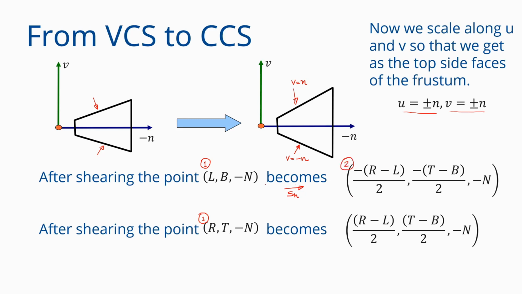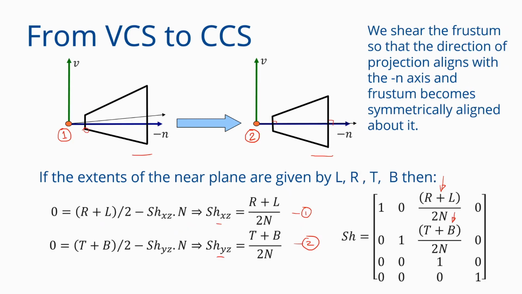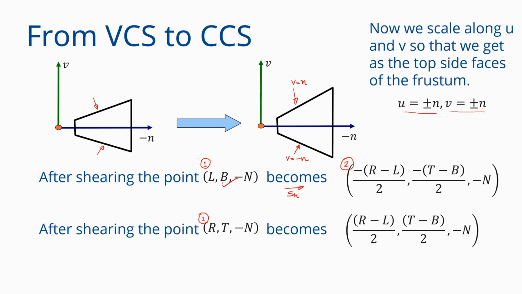So L, B, minus N becomes minus (R minus L) by 2, minus (T minus B) by 2, and minus N. I want you to verify this fact by taking this point and multiplying it with the shear matrix, and verify that you get the corresponding transformed point. Please do it for both these points.